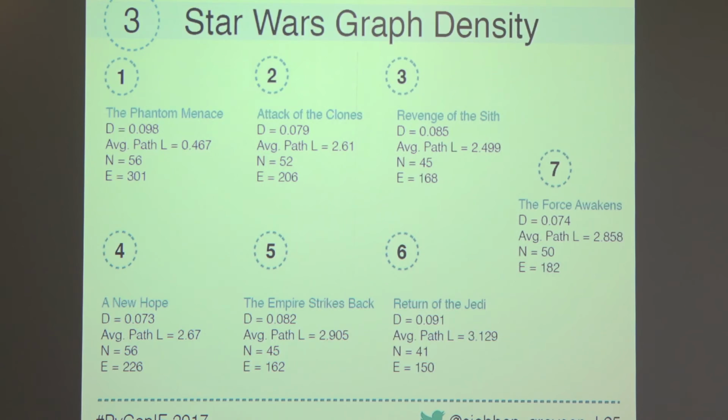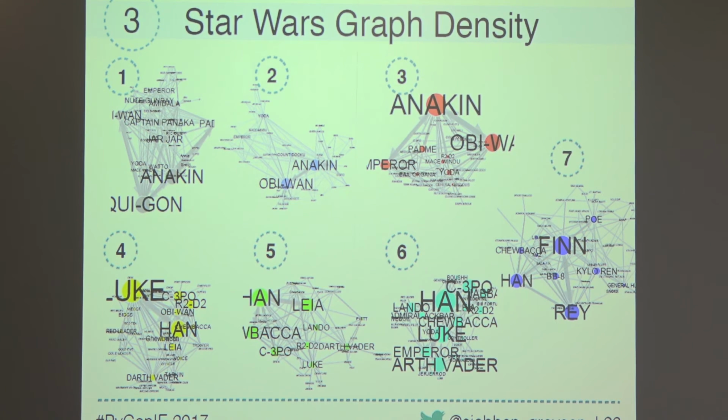So I decided that might be one of the ways I'll see if I can quantify the differences between our graphs. This slide gives a bit of the numbers behind it, and this slide tries to visualize them a little bit. It probably wasn't the smartest idea to try and fit seven onto the same page, but there you go. Hopefully you can still see the names quite large.